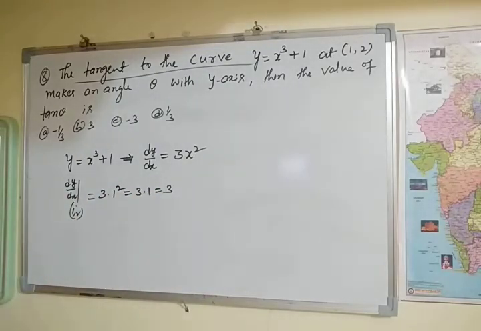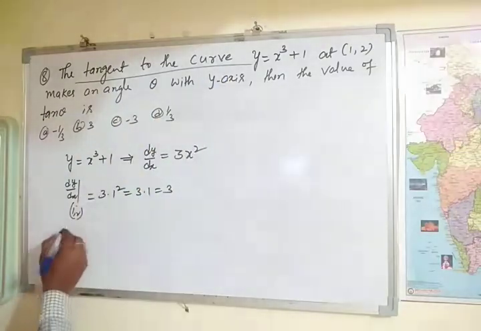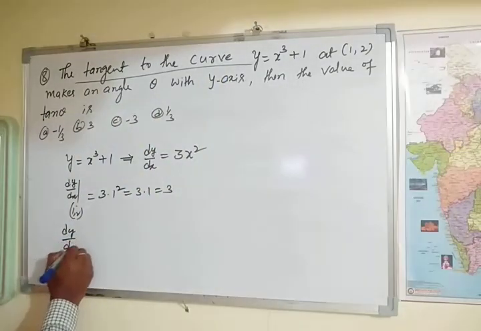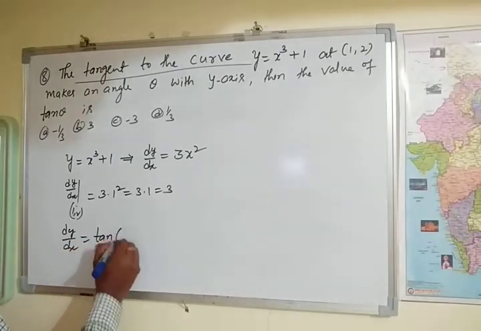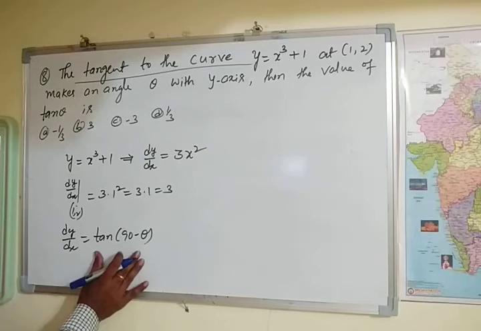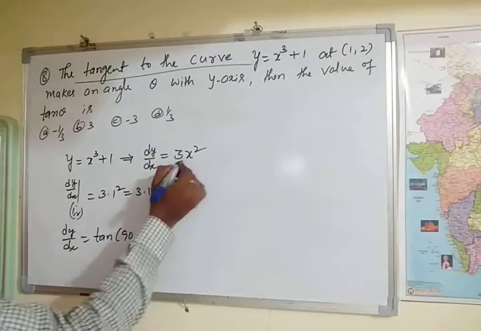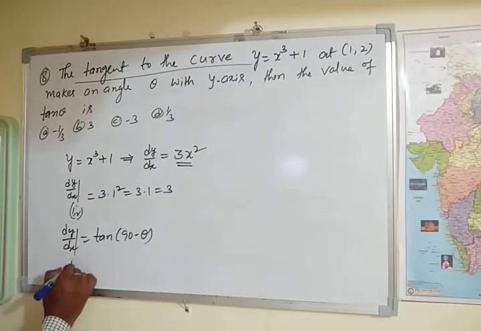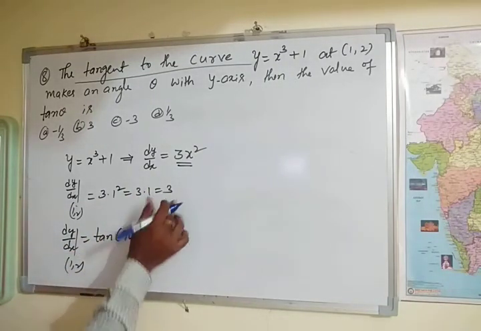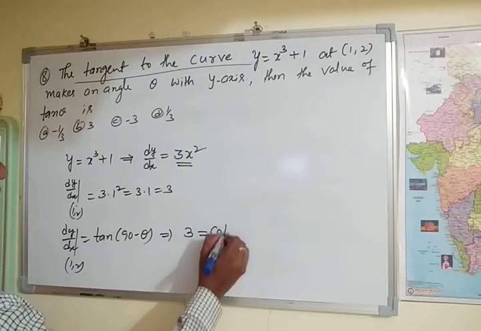Next, this result makes an angle theta with the y-axis, means here we consider dy by dx is equals to tan of 90 minus theta. Tan of 90 minus theta can be written as cot theta. Here we have dy by dx, 3x square at the point 1 comma 2. Here we get 3. This implies 3 is equals to cot theta.